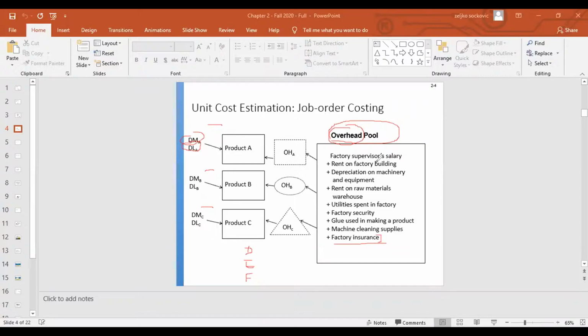You do the same thing with indirect labor, factory supervisory salary, rent on factory building. This is all indirect stuff. It's not direct. So you're putting all of this in one big bucket, utilities, security, etc. And then you're saying, okay, so how do I assign this? And we said, you somewhat average this.